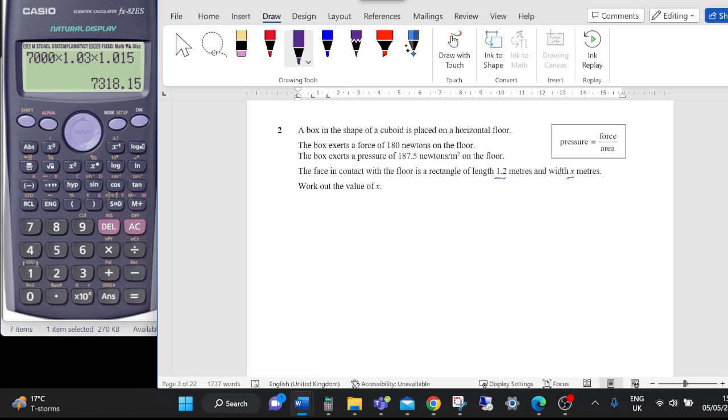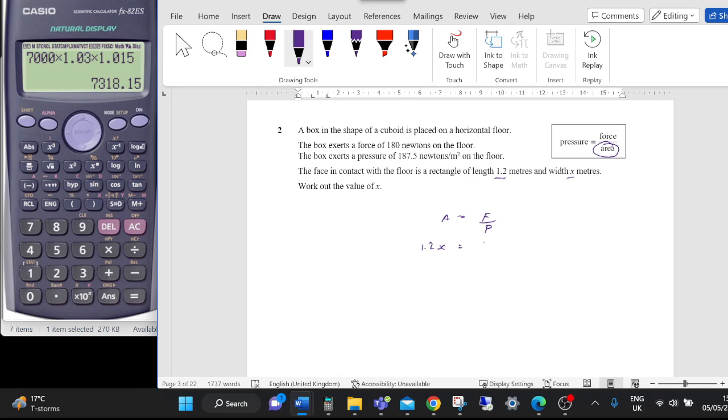Okay, I haven't seen a pressure question like this in a while, so we're going to have to work kind of backwards on this. Realistically, we need to rearrange this to find the area. So if I rearrange this formula, area is going to be equal to force divided by pressure. So in this case, the area is going to be 1.2x, which is just width times length.